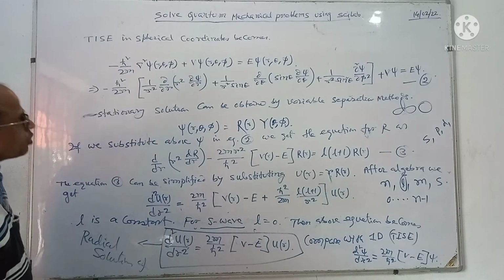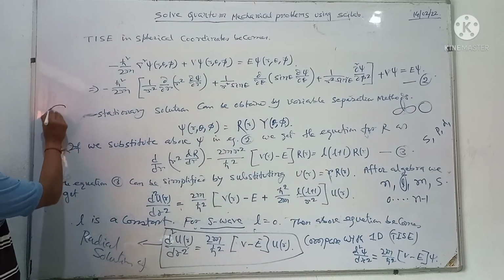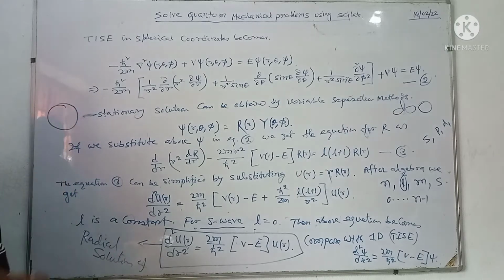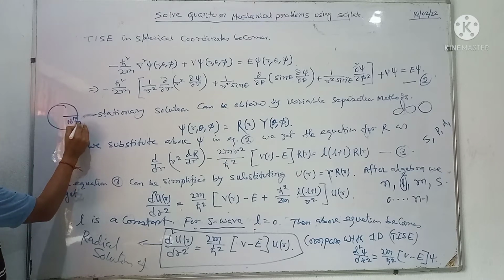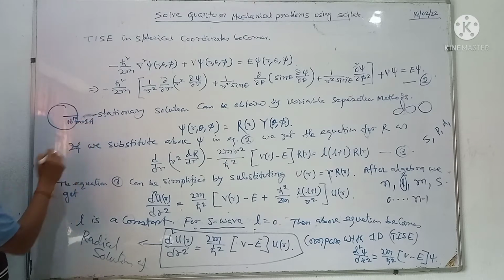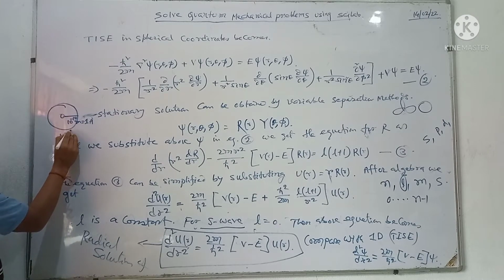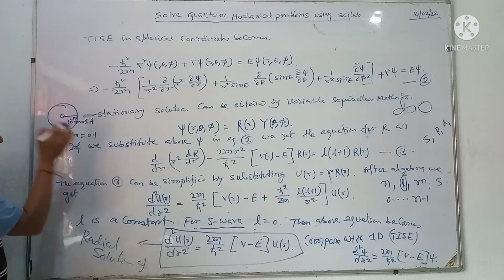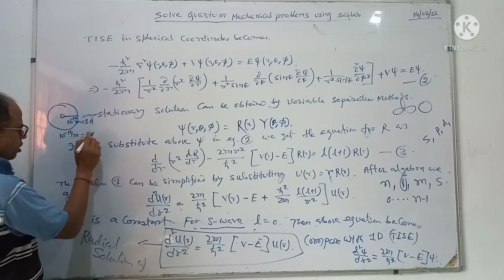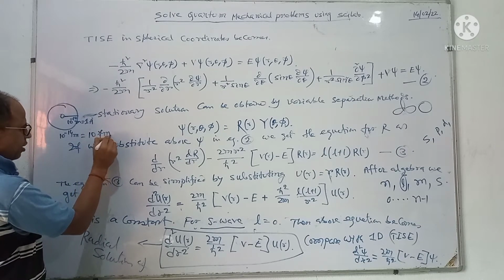First of all, quantum mechanics is a mechanics within the atom or within the nucleus. Now you know the radius of the atom is 10 to the power minus 10 meter or 1 angstrom, and radius of the nucleus is 10 to the power minus 14 meter or 10 femtometer.